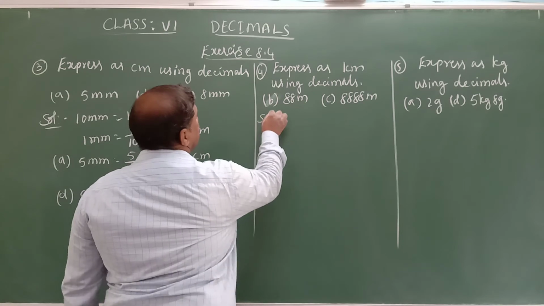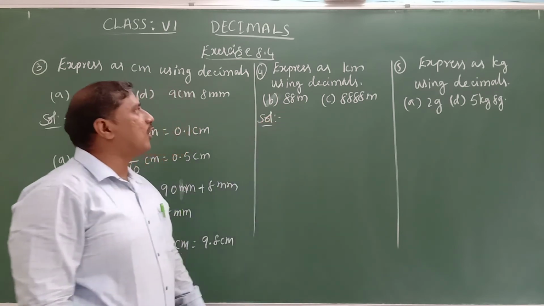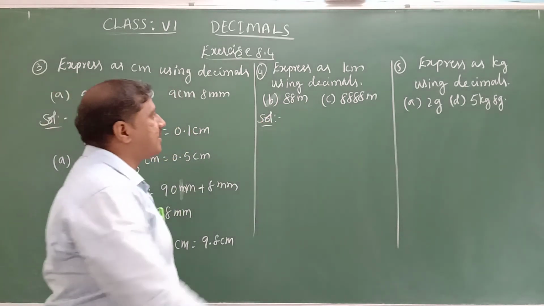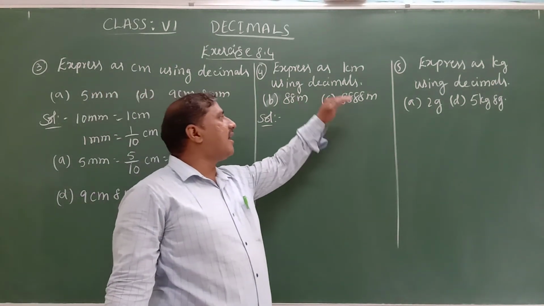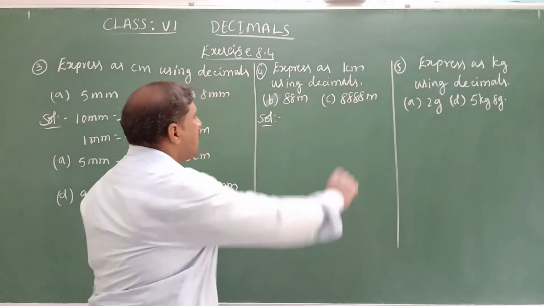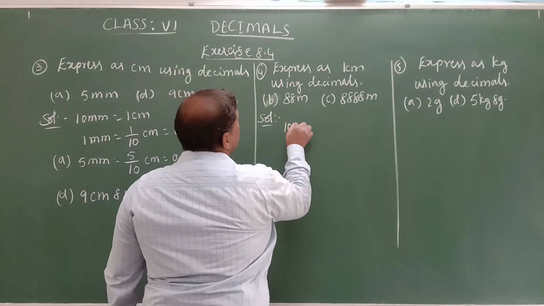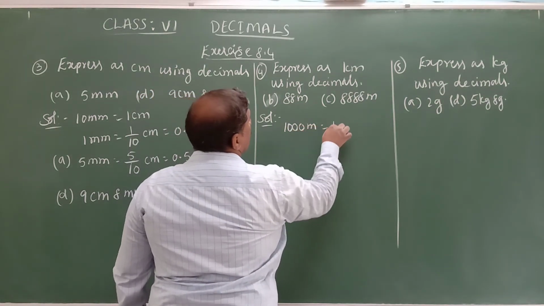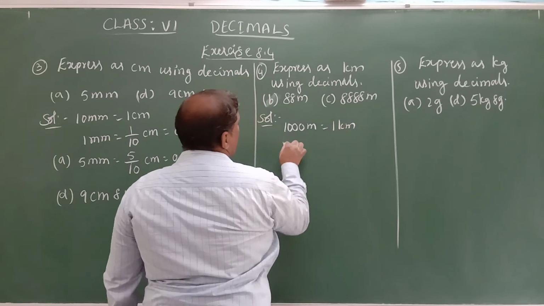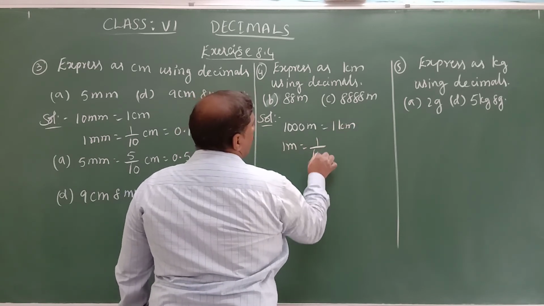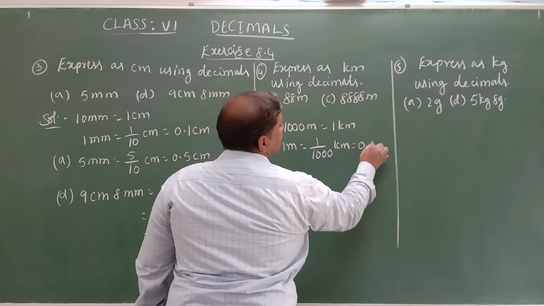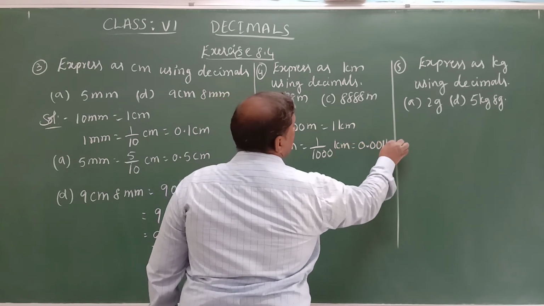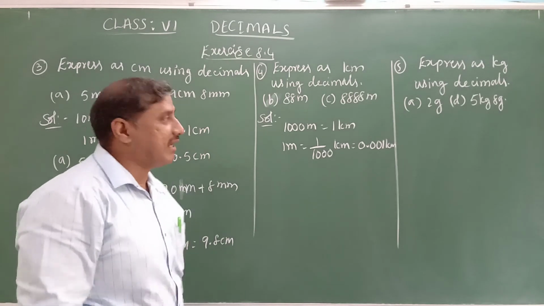Now, the fourth question is express as kilometers using decimals. It is given in meters: 8 meters, 88 meters, 8888 meters. We know that 1000 meters is equal to 1 kilometer. 1 meter is equal to 1 by 1000 kilometer, that is 0.001 kilometer.